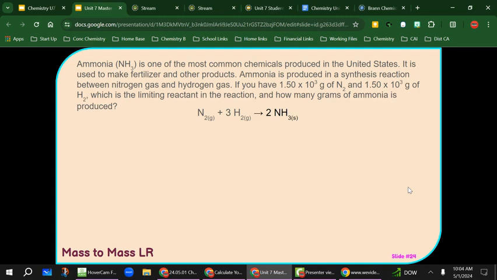Over here, I had 3 of these and 1 of these. So, again, I have to get the hydrogens to 6 because that is the least common multiple of 3 and 2. So I put the 3 up front here, that makes 6 of these. I put the 2 up front here, that makes 6 of these. But it also makes 2 of the nitrogen, so everything works out.